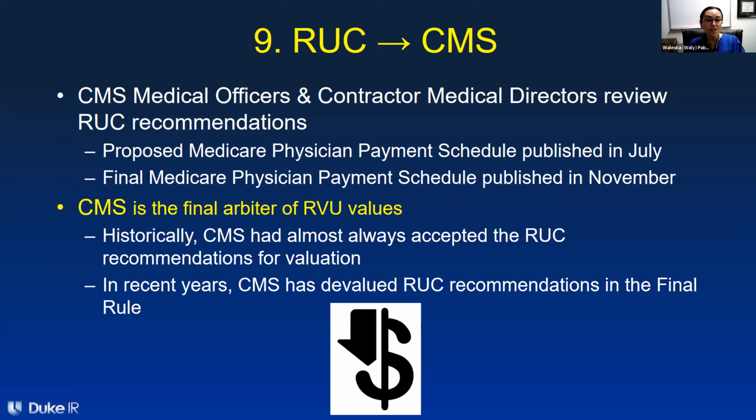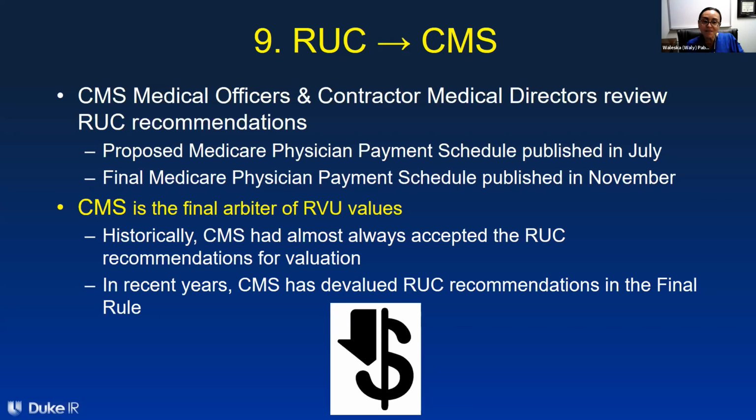They publish the proposed values in July in the proposed Medicare physician payment schedule. And then individual providers and specialty societies and industry can go back and comment on that proposed Medicare physician payment schedule. Ultimately, CMS reviews all those comments, and in November, they publish the final Medicare physician payment schedule.